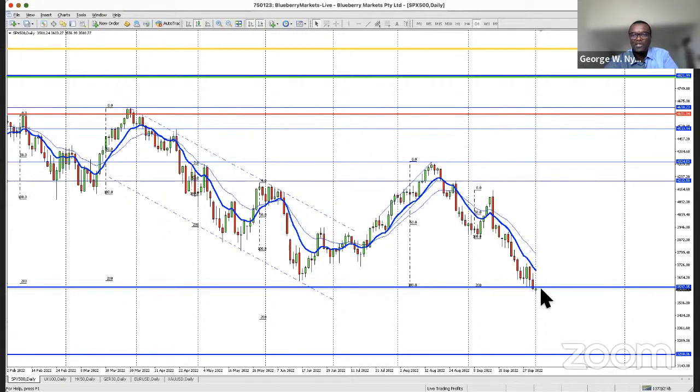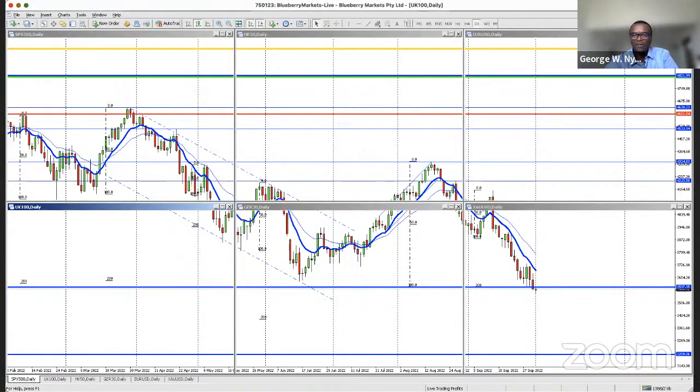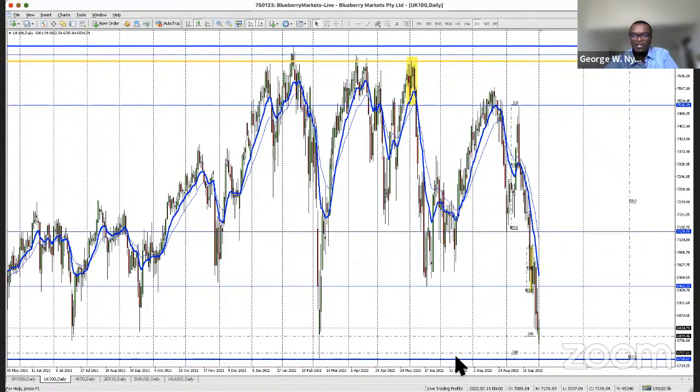It's going to be interesting, I think, across all the markets we look at, but it's probably not necessary to know what's going to take place in this particular month. We are at key levels of support. This is just the UK 100, so that's our low of 2022 presently.